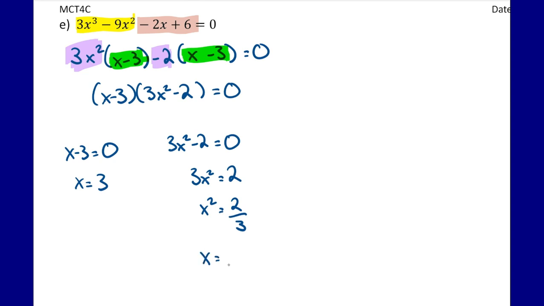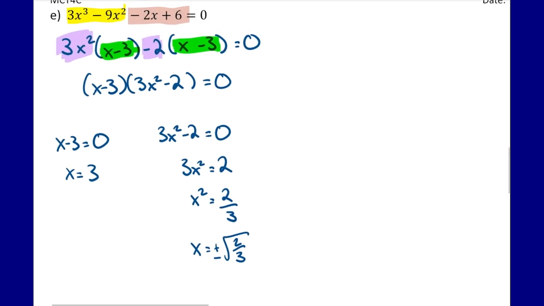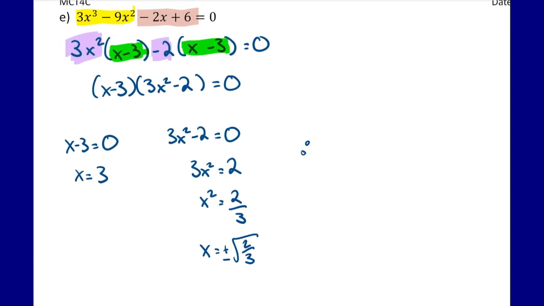So x equals plus or minus the square root of 2/3. So this means that x can equal 3, positive square root of 2/3, or negative square root of 2/3. So 3 possible solutions for this polynomial.